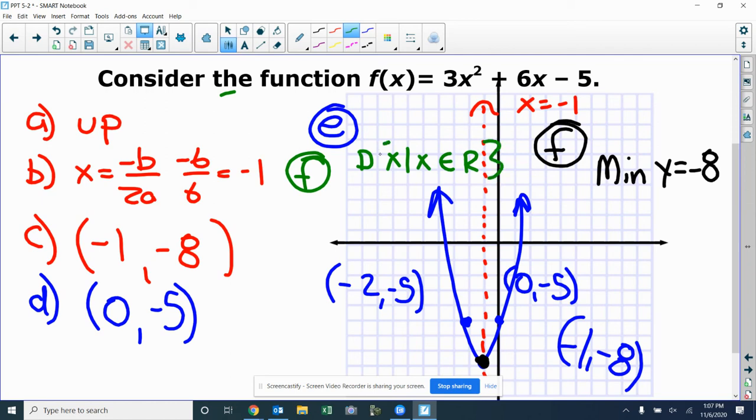You can write it like that. It's a little quicker and simpler than writing it out. You can write it out too. Does that make sense to you? x is an element of the reals. And then finally, my range is going to be y such that, what does y need to be? Greater than or equal to, what is my value here? -8.